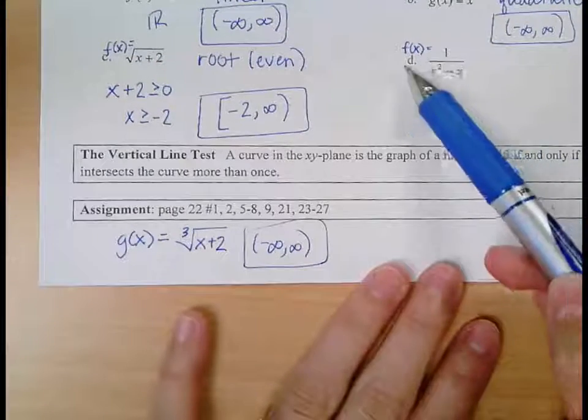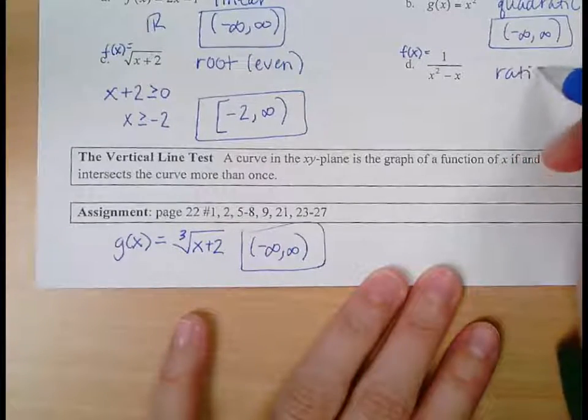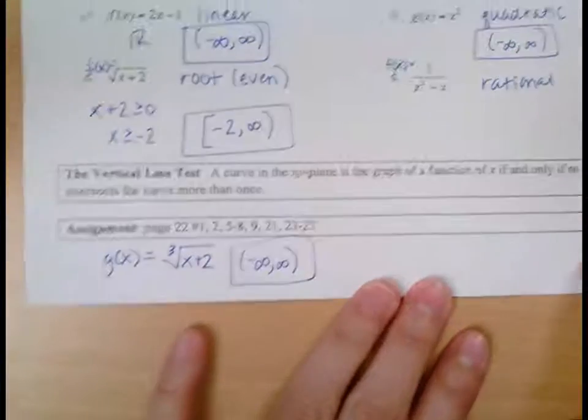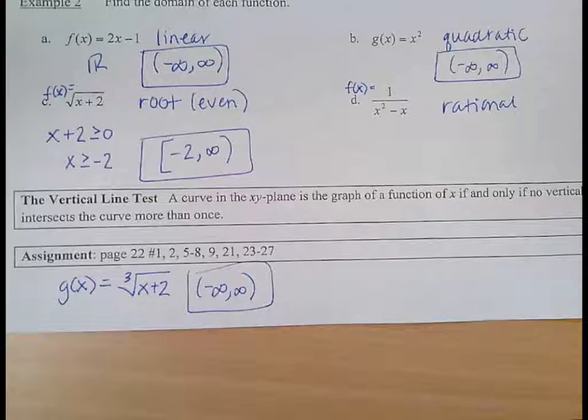All right, and then for D, so this is a rational function. And the method for finding the domain of all rational functions is the same. Anyone know how you'd go about finding the domain of this function? Why is it called rational?